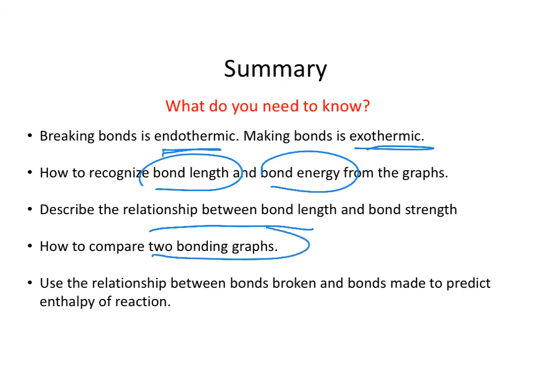Be able to compare two bonding graphs for two different types of bonds and explain which one has the shorter or longer bond length, and which one has the higher or lower bond strength. And then use the relationship that I just showed you, using bond strength, to predict the overall enthalpy or heat of a reaction. That's it.